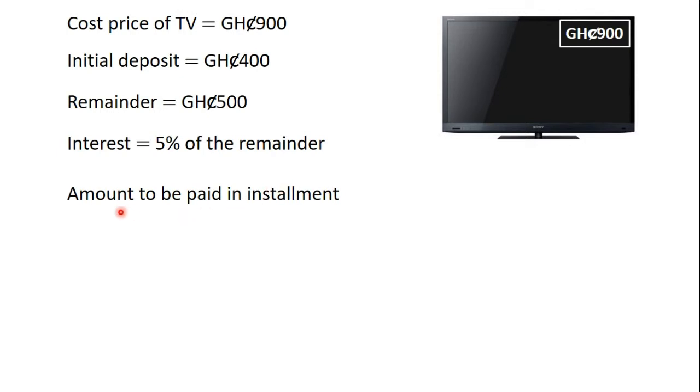Now, this means that the amount that Kofi has to pay in installments is equal to the remainder, which is 500 Ghana cedis, plus the interest on the remainder.